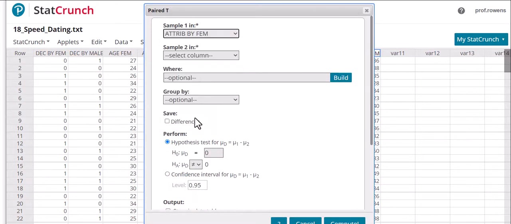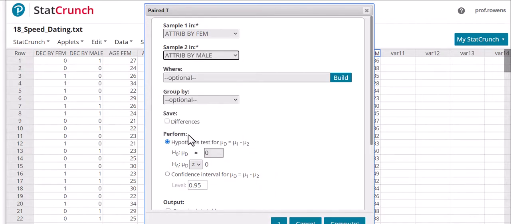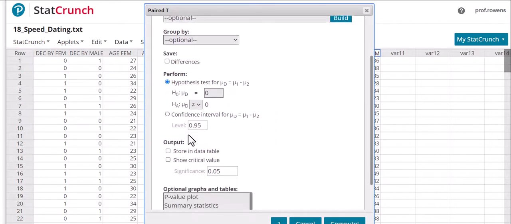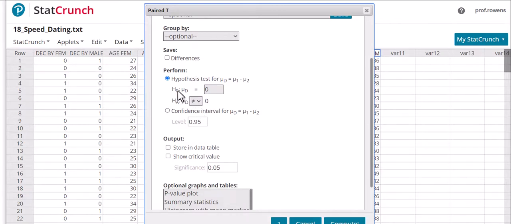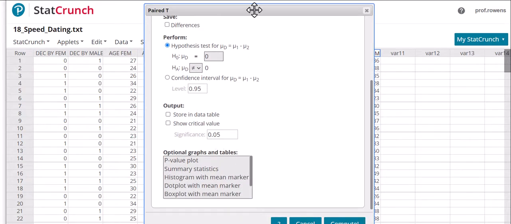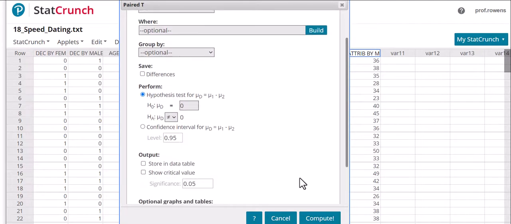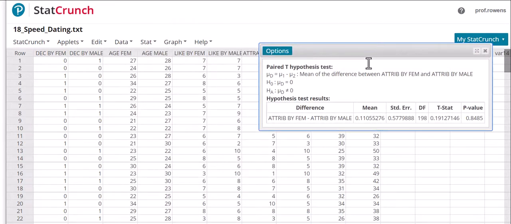We're going to do attributes by female, and select the second sample, attributes by male. We wanted to see if there was a difference, so it didn't say greater or smaller, just that there is a difference. So we're going to leave it as equals and not equals, and it did ask for a 0.05 level of significance, so we're going to leave that as is for 0.05 and compute.